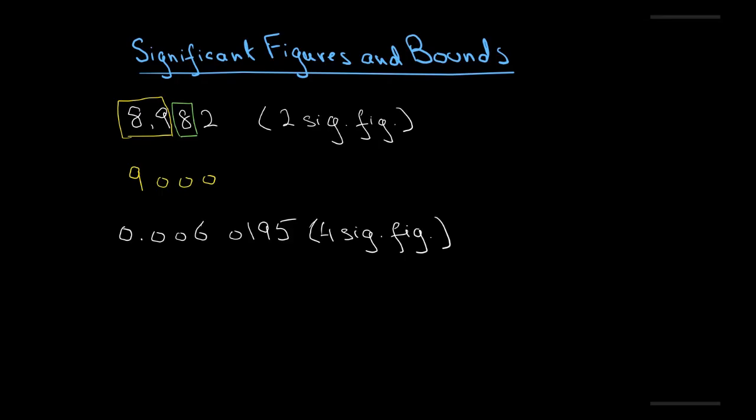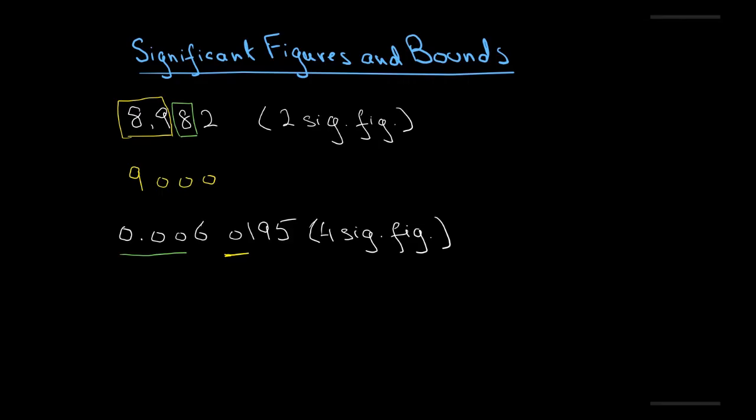These zeros are not significant. They're not significant because they're not preceded by a non-zero digit. And this was rule number 3 that we studied, which was in a decimal, all zeros before a non-zero digit are not significant. But this zero, which is sandwiched between two non-zero digits, is significant.